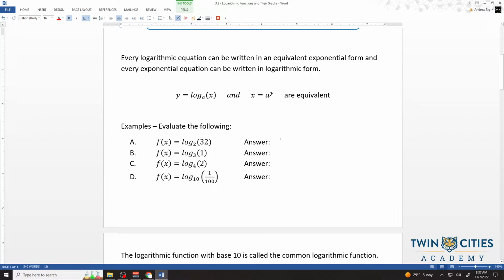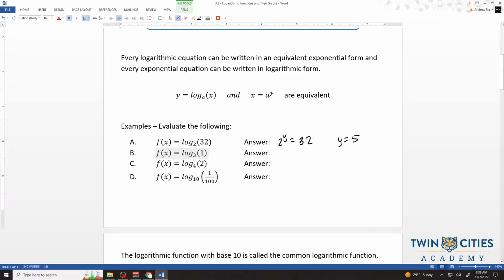So I'll put 2 to the y equals 32. Okay, so then this is really asking, 2 to what power equals 32? Well, that's 5. 2 to the 5th power equals 32. Therefore, y equals 5. I just evaluated what log base 2 of 32 is.